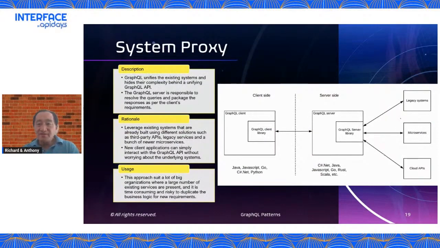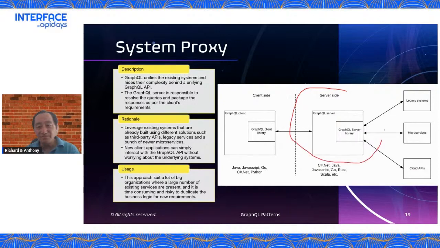In the next pattern, we know in the corporate world, we have a lot of existing applications, whether these are legacy systems, maybe even mainframe systems. And we have microservices. Some of these may be monolithic. And maybe you consume some cloud API like Salesforce, right? So it's a combination of these. For the client side, we don't want to talk to these point-to-point. That's difficult, right?